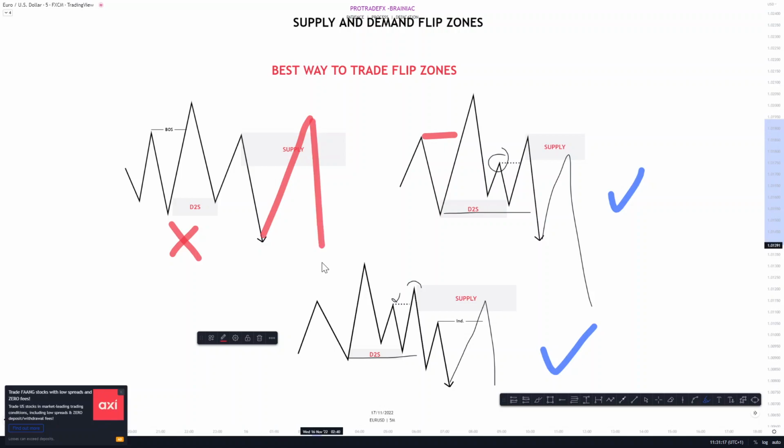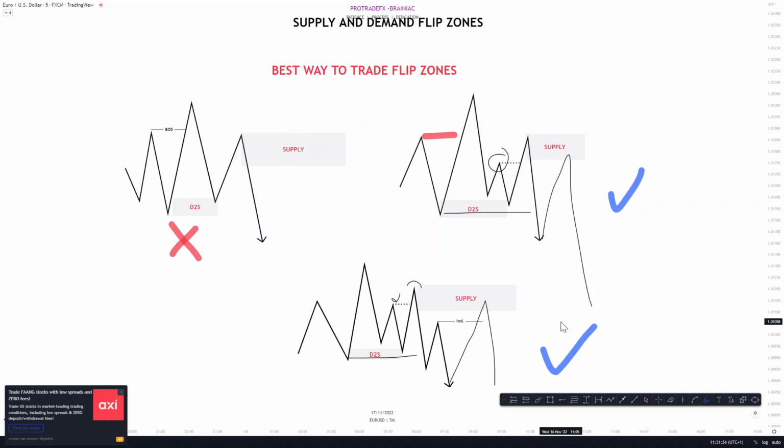Because now that there is no inducement and there's no liquidity grab, it means that you are going to be the liquidity grab, or you are going to be the inducement. So that is why I prefer to use the second model or the third model. But in most cases, this third model is more high probable than the second model. But these two models are a very good supply and demand flip model that you can use.